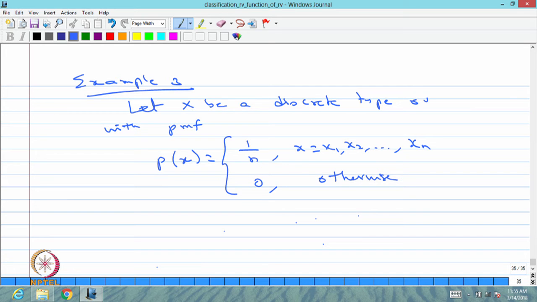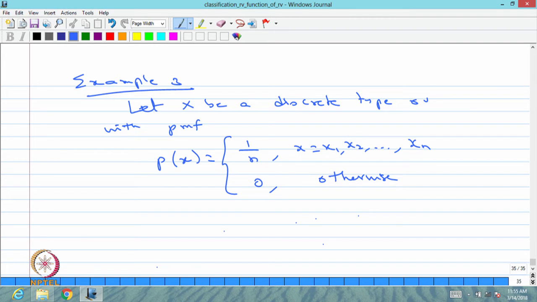So this is a probability mass function of a discrete type random variable with possible values x1, x2 and so on up to xn, and these could be positive values or negative values, or it could be 0 also.